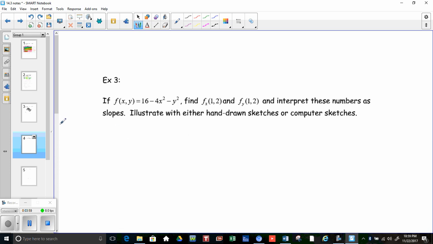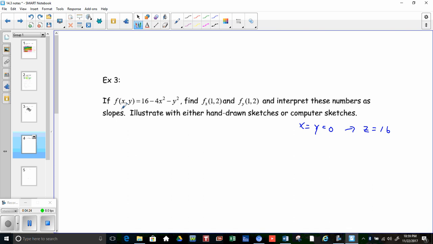Okay, so let's take a look. If x equals 0 and y equals 0 on this thing, we simply get z equals 16, right? So let's put that over here. If x equals y equals 0, then what we get is z equals 16.